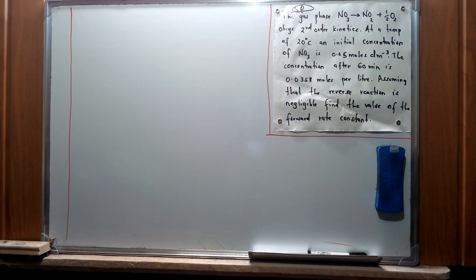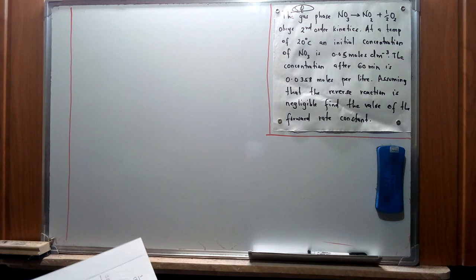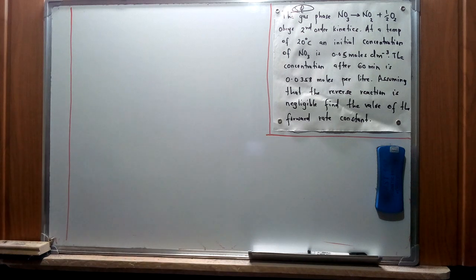The concentration after 60 minutes is 0.358 moles per liter. The moles per liter and decimeter cubed are just about the same. Assuming that the reverse reaction is negligible, find the value of the forward rate constant. That is the question we're going to use to figure out how to find the value of the forward rate constant.